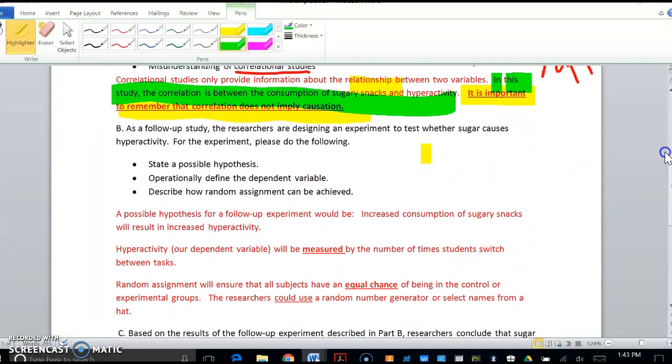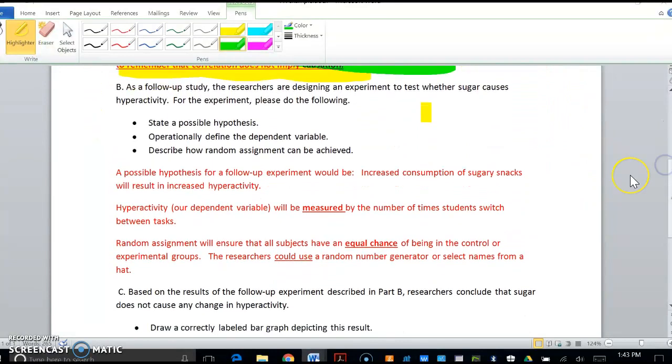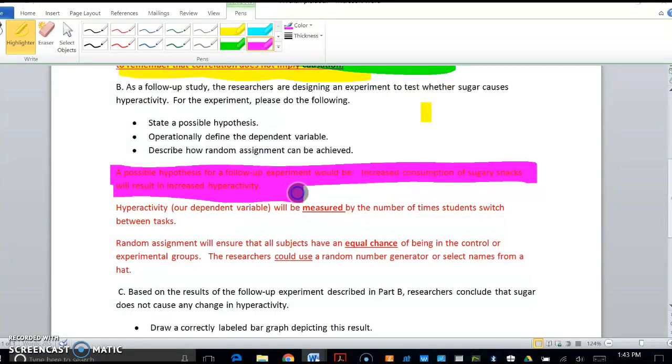Here's part B. Make sure you read that. So again, I'm not going to define hypothesis. You define what a hypothesis is, and then here's your application. We'll highlight it in purple. The key here is that you want to make sure your hypothesis shows that we're doing something to the sugar.